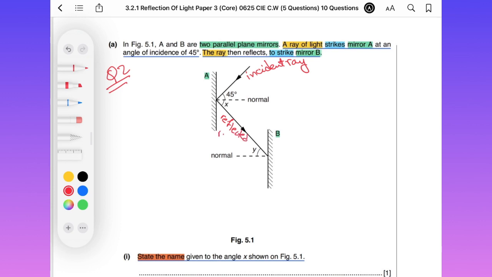So angle X is the angle between the reflected ray and the normal, so this is the angle of reflection.